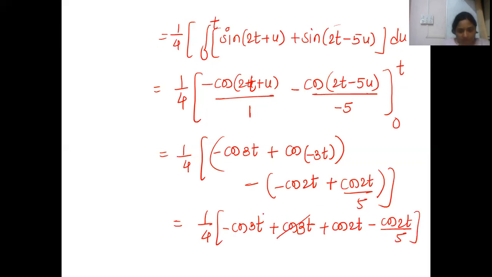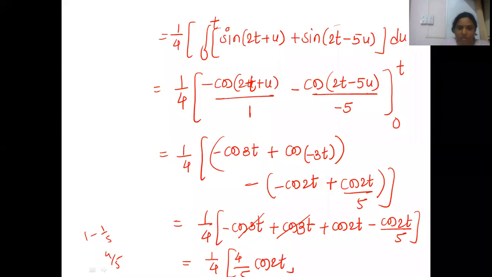The plus and minus get cancelled, I guess. Is this correct? Yes. Right. Okay, so it is 1/4 into 1 minus 1/5 cos 2t. 1 minus 1/5 together is 5 minus 1, 4/5. 4/5 cos 2t.